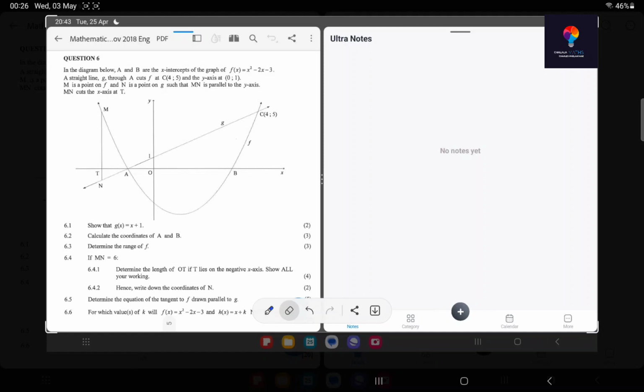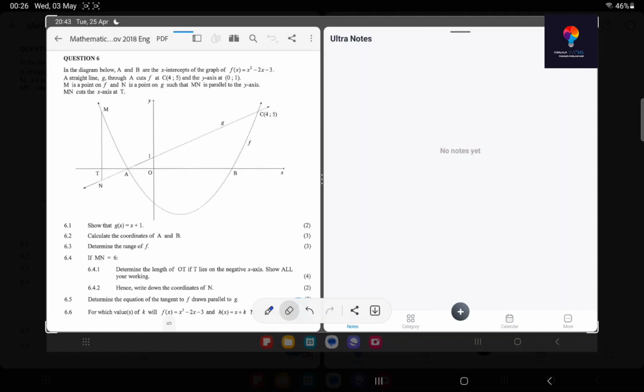It's very important that before we start any question, we must read the statement so we can understand what is going on.